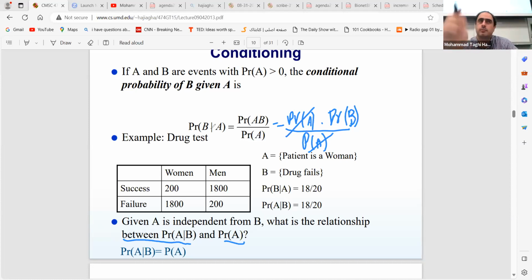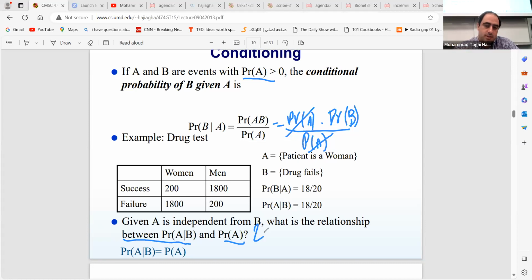Yes? If I remember correctly, we shouldn't rely on this definition of independence because if the probability of B is 0, that won't work. Yes, exactly. You can say that given A is independent from B, what is the relation between these? And we have the condition that the probability of B should not be 0, because that was the definition we had.